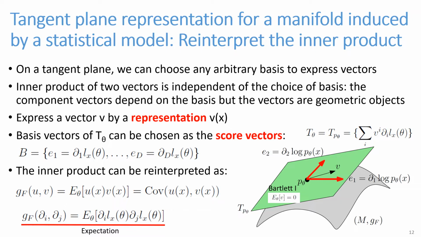The inner product on the tangent plane at p of θ is then reinterpreted as the expectation with respect to the probability p of θ of the vectors. Since the vectors of the tangent plane have zero expectation, the inner product between u and v is reinterpreted as a covariance between the representation u of x and v of x.